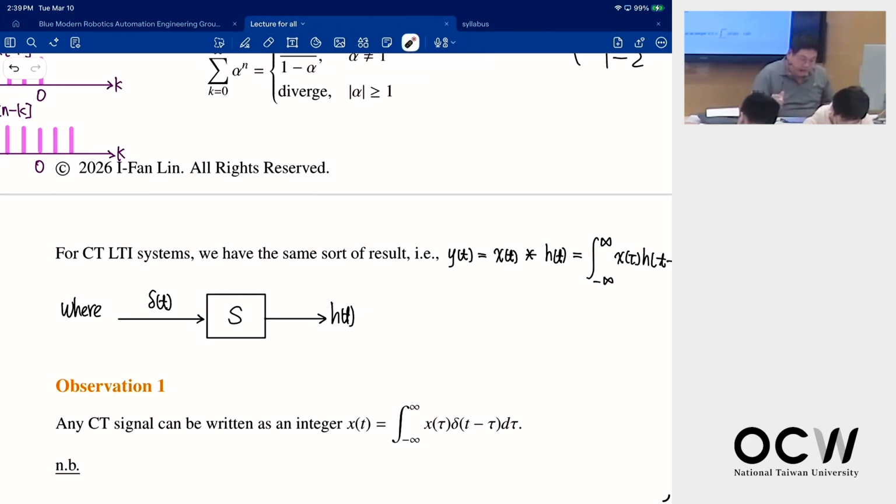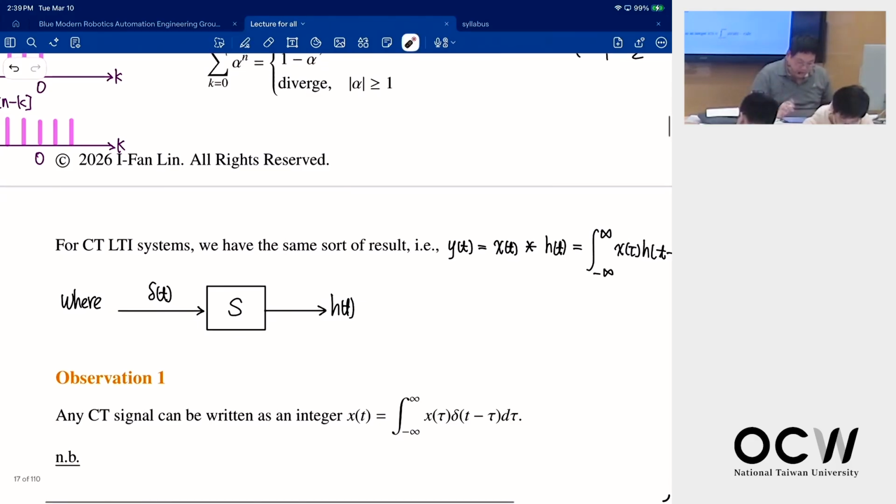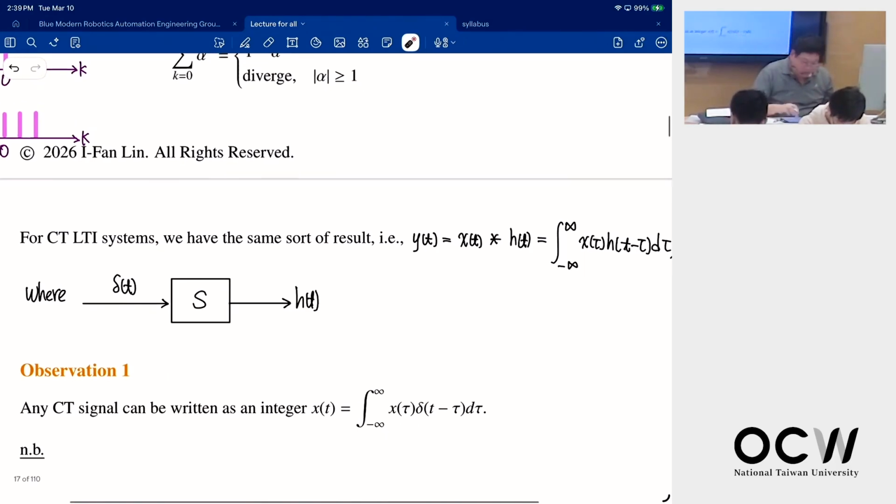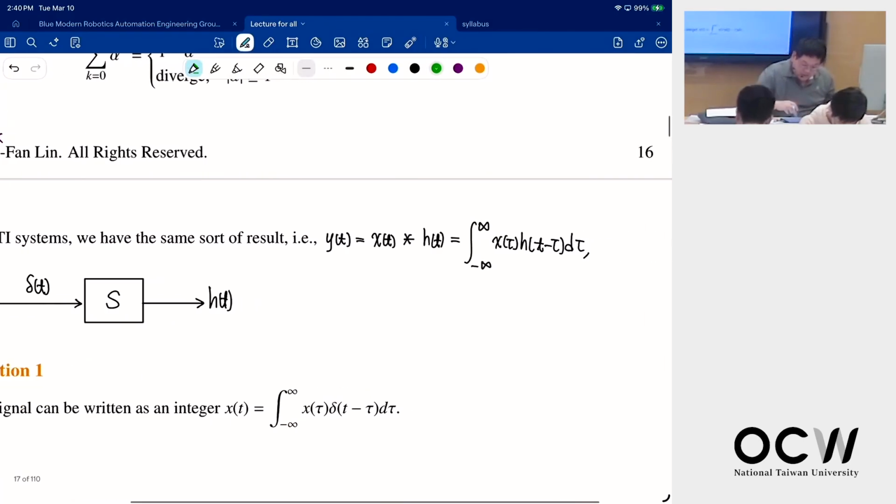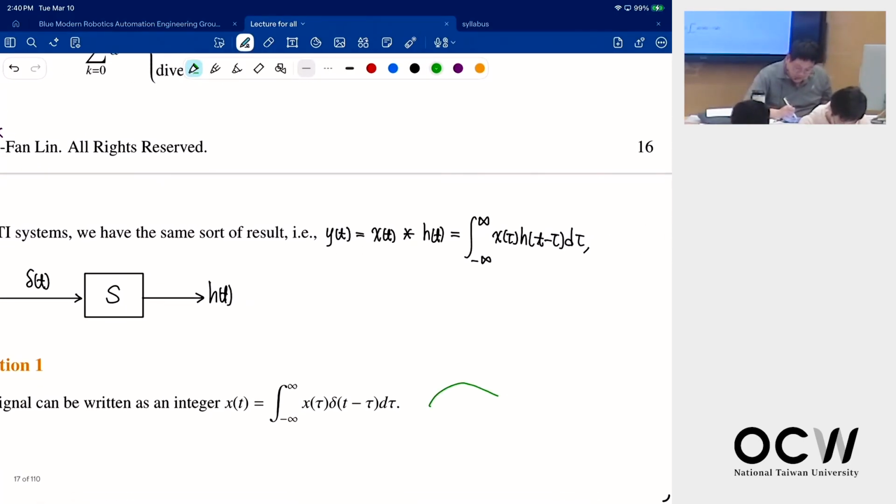And for the continuous time signal, we can write the signal as its value times the shifted impulse signal. That means the signal looks like this.